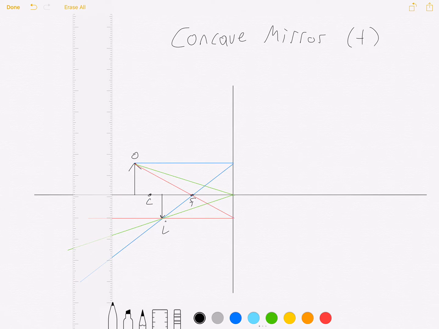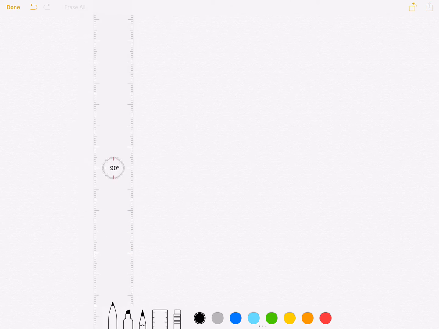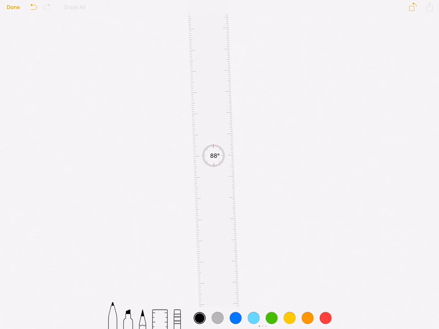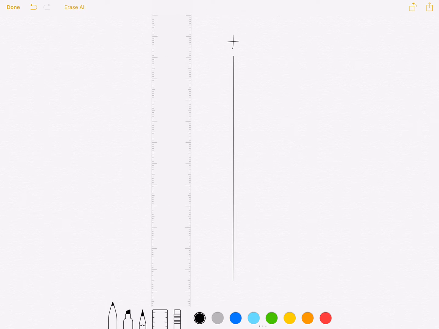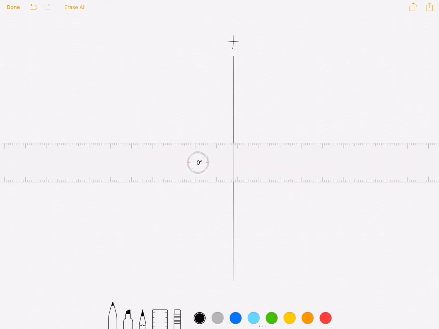Alright, so let's redraw this following the same rules, but let's look at an object that's inside the center of curvature, but not quite to the focal point yet. Alright, so again, here's our mirror. Might want to draw a little plus sign here to remind us we've got a positive mirror.